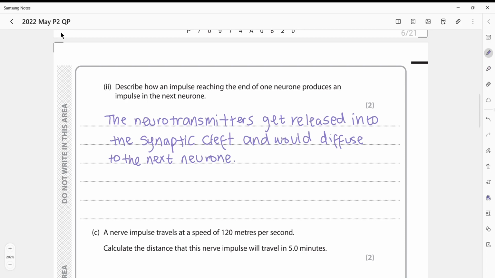So one mark for neurotransmitters and the other mark would be diffuse in the synaptic cleft.